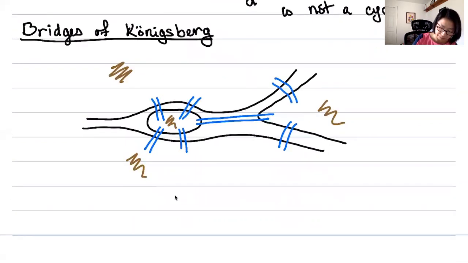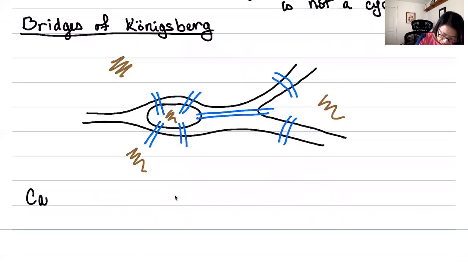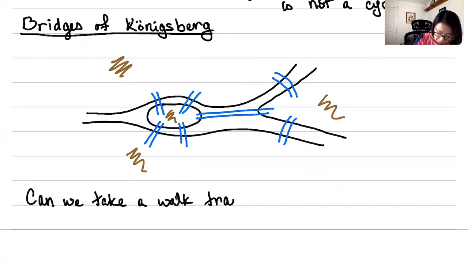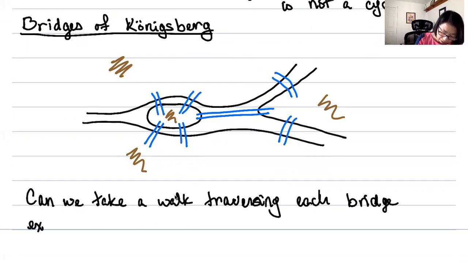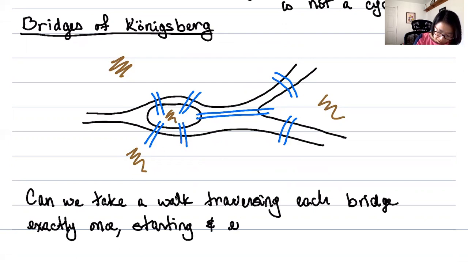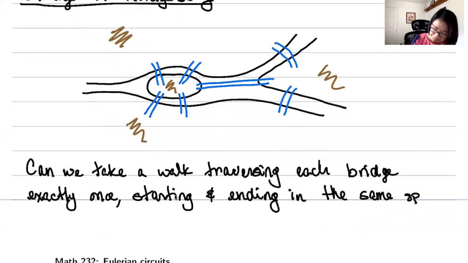Okay, so can we take a walk traversing each bridge exactly once, starting and ending in the same spot? So this was Euler's question.